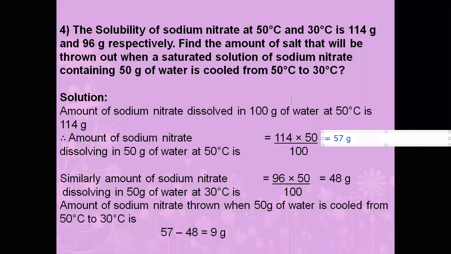Next, similarly we find out the amount of sodium nitrate dissolving in 50 gram of water at 30 degrees Celsius. The solubility of sodium nitrate is 96 into 50 divided by 100, equal to 48 gram.